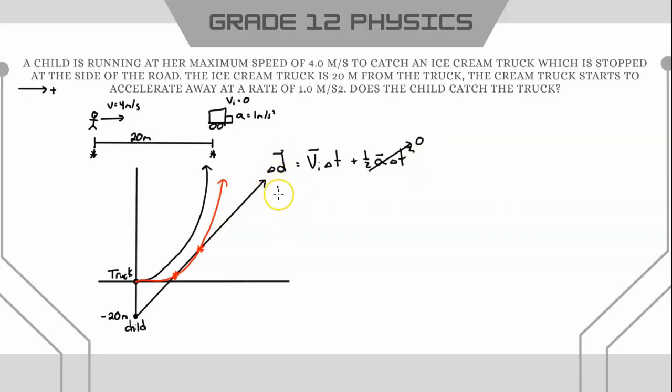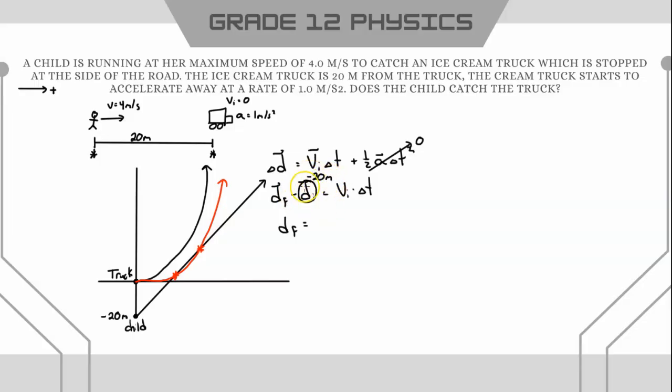Now displacement is final position minus initial position, and that equals v_i times delta t. So final position is going to equal initial position, which is negative 20. So that means this variable here is negative 20 meters.